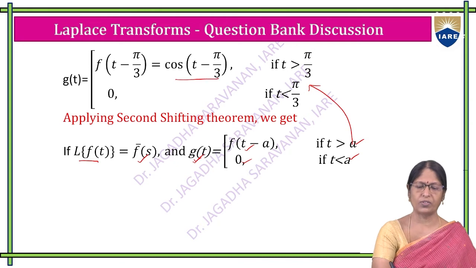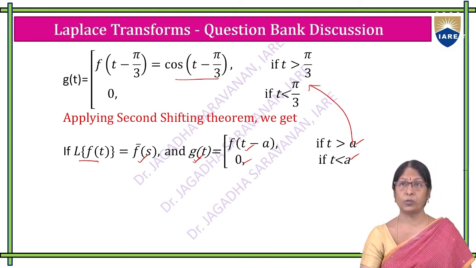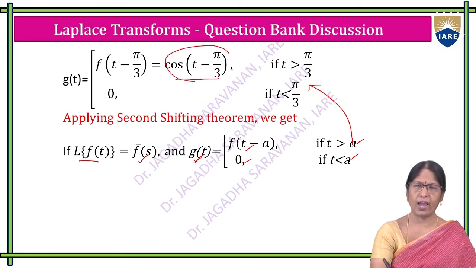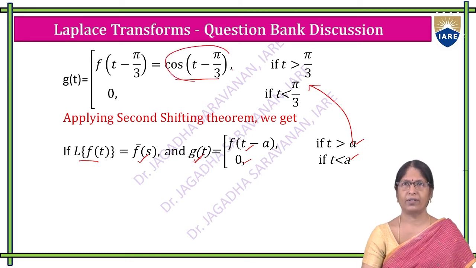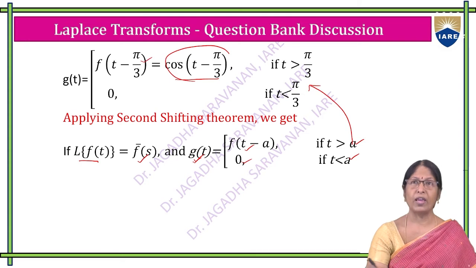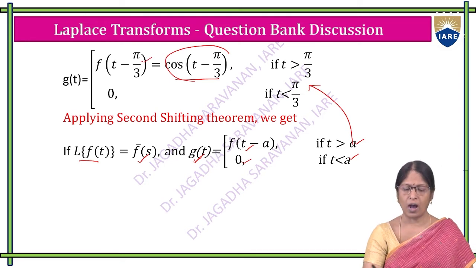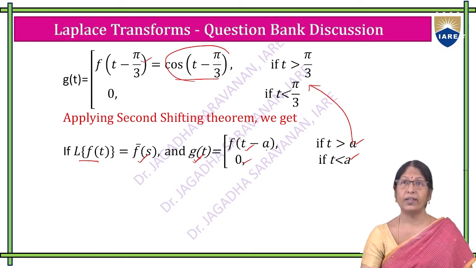This is the question which is given, cos of t minus pi by 3, from which we can extract. It is in the form of f of t minus a according to our second shifting formula, defined formula.